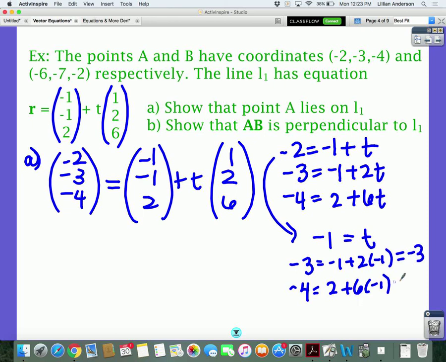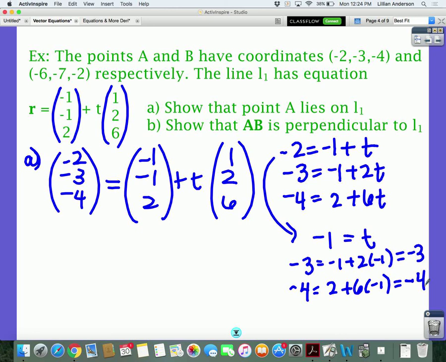That does equal -3. And does 2 plus 6 times -1 equal -4? Yeah, check it out. Okay? That's how you show that A lies on the line. So in this case, since these are true statements, then yes, it does lie on L1.